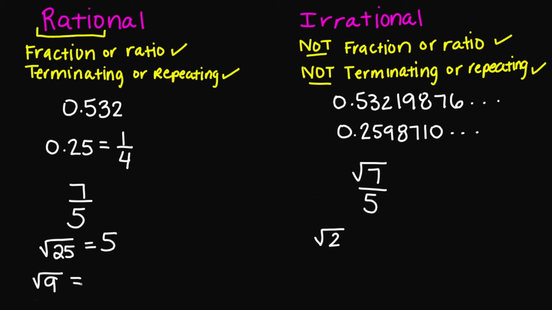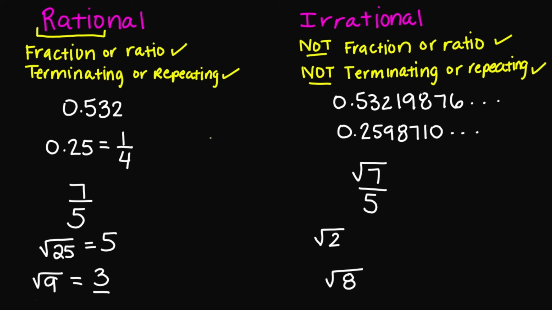The square root of 9 is rational because it is equal to 3. And the square root of 9 is a perfect square. If you had the square root of 8, the square root of 8 is irrational because the square root of 8 cannot be expressed in a fraction or a ratio.